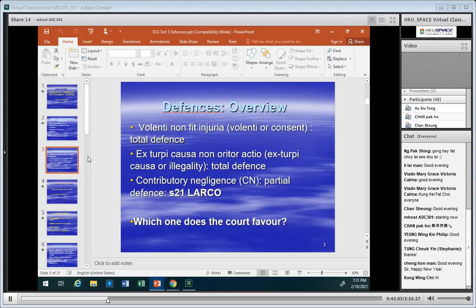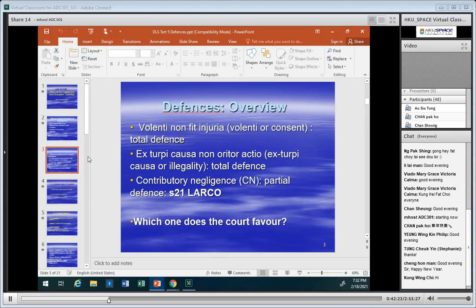And if there is illegality, then that is a total defence. And then we get on to the most important defence, contributory negligence. Contributory negligence, everybody, used to be, I emphasise used to be, at common law, and I emphasise again, at common law, a total defence.